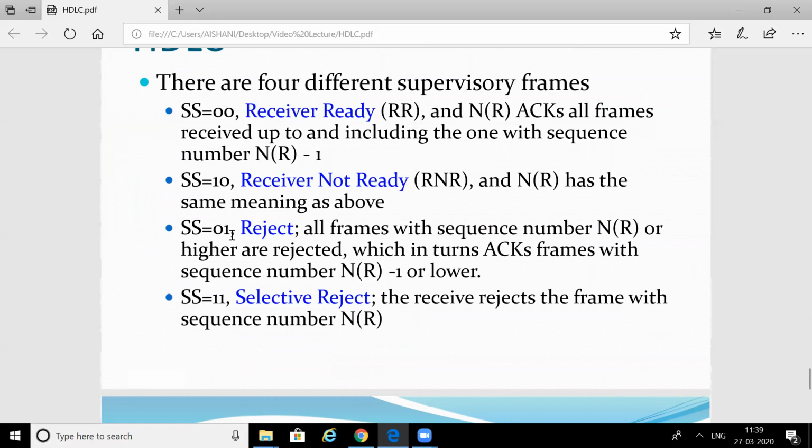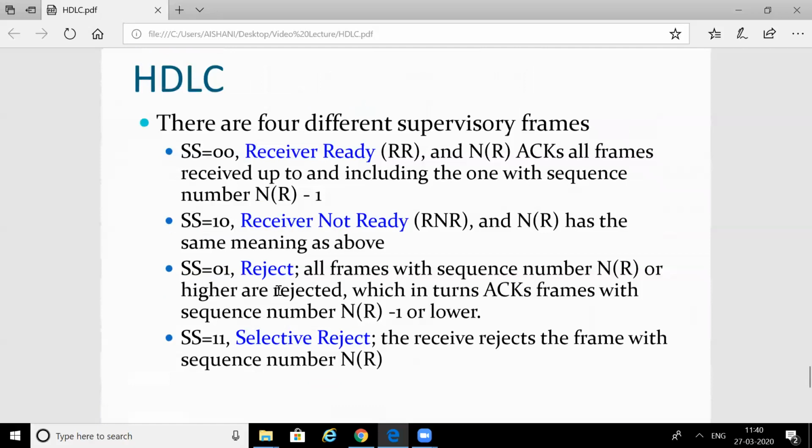If it is 0 1, that means the receiver is rejecting the frame. If it is 1 0, that means the receiver is not ready to accept the frame. And if it is 1 1, that means it is a selective reject. This reject is basically the go-back-N reject, and this reject is basically the selective repeat reject.